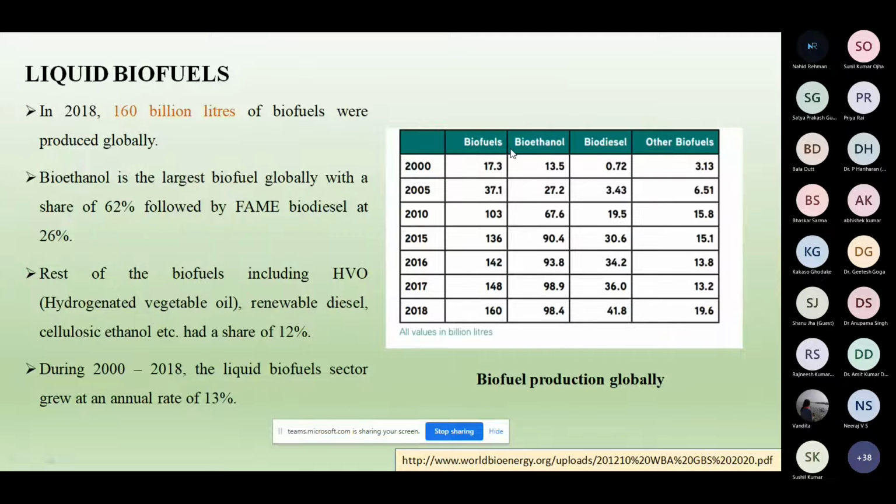liquid biofuels like bioethanol, biodiesel, and other biofuels, and their contribution in different years, we have discussed. And again, just to revise, the global production of these biofuels is increasing at a rate of, say, bioethanol at 26%, other biofuels at 13%, and biodiesel at 12%.